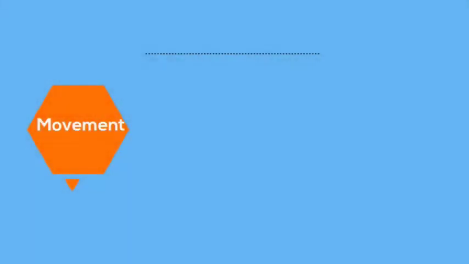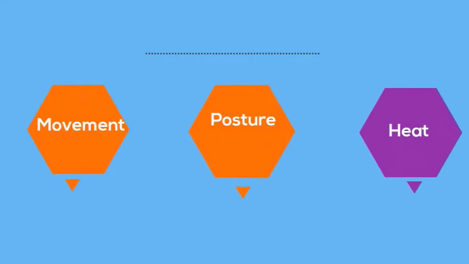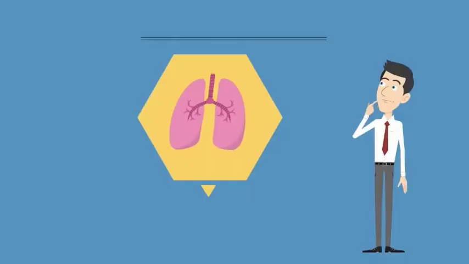In addition, they help with your body posture, and they also produce heat. Muscle tissues have the ability to contract and get shorter, and then relax and return to their original size.